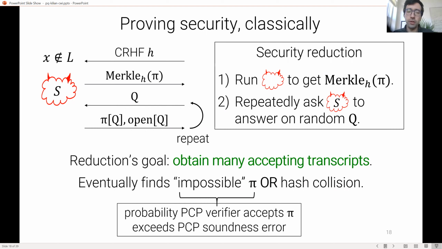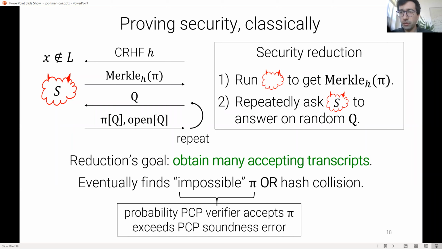Either you're going to find a collision in the hash function, so you're going to break this Merkle tree commitment, or you're going to find a proof, like a PCP pi, that has too good a success probability, and these can't exist because of the soundness property of the PCP. So that's sort of the full classical proof of security.